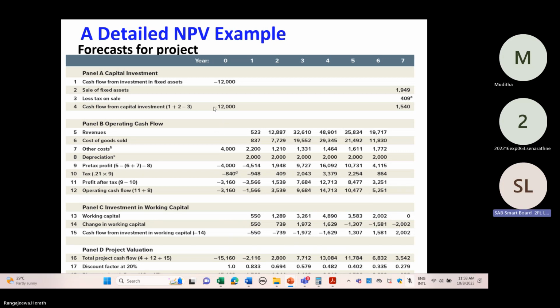Year 0 initial cash outflow is 12 million. Operating cash flow year 0 is 3,160, sold with 15,000. Here operating cash flow 1,560 plus the working capital cash flow 550.